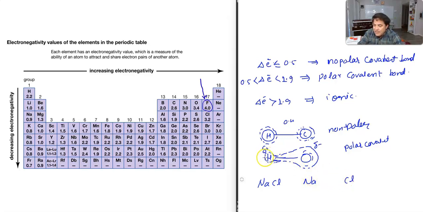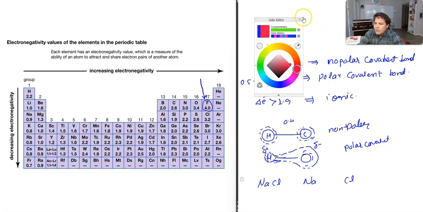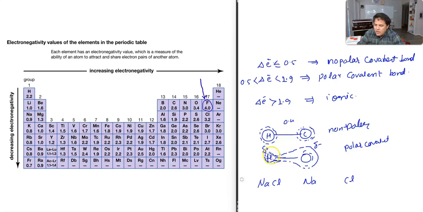In the previous case, not all the electron cloud was given. Some electron cloud is here and lots of electron cloud goes to the oxygen. But in this case, all the electron cloud goes to the chlorine, right? Sodium doesn't have anything. Sodium has just the positive charge and chlorine has the negative charge, and chlorine pulls the one full electron.